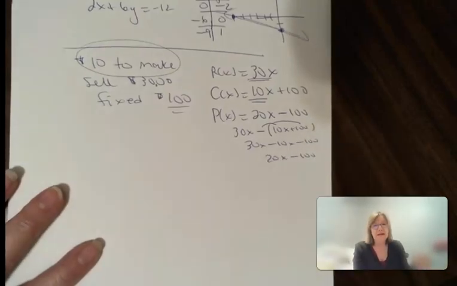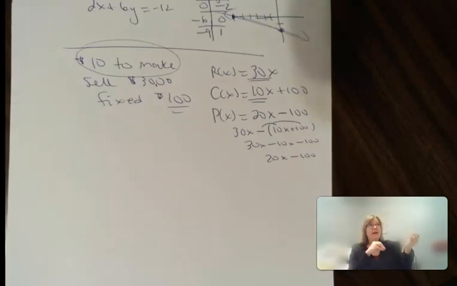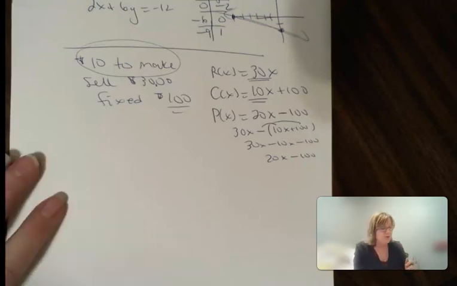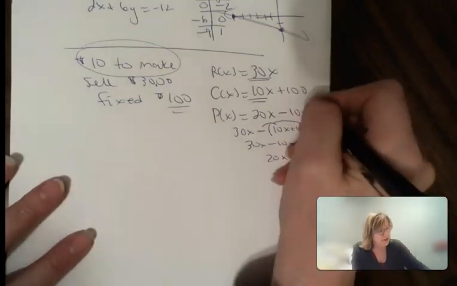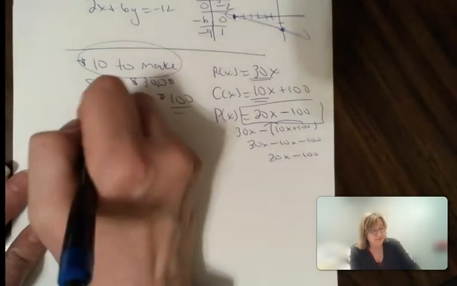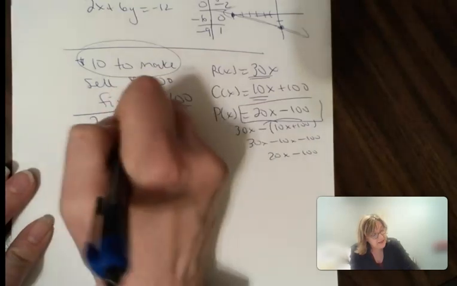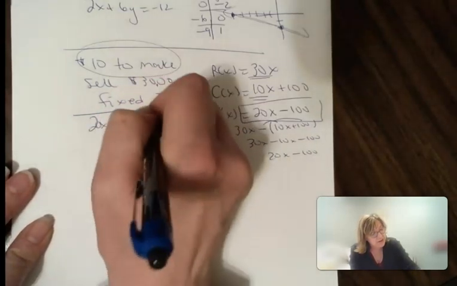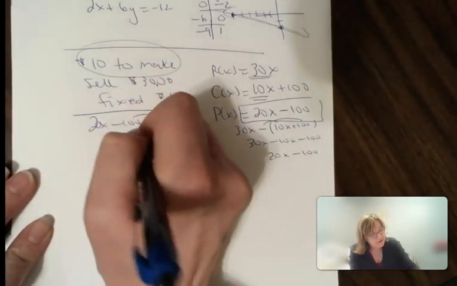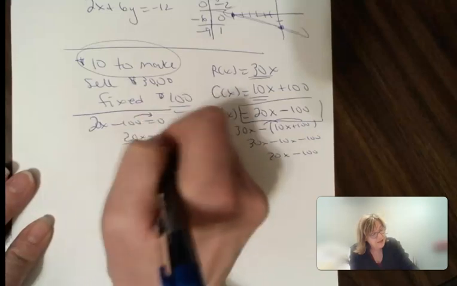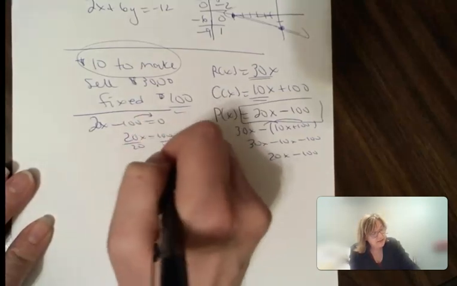Okay. Now, break even point. This is when you've paid off all your debt and you're going to finally start showing a profit. So one option is to say, well, then my profit is really 0. So 20x minus 100 equals 0. Add the 100 over, divide by 20, and you get x equals 5 items.